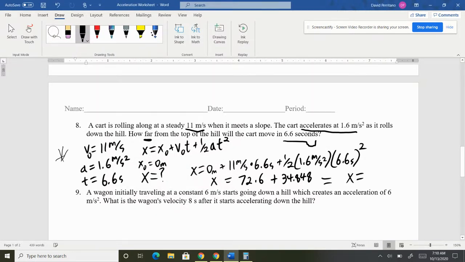X equals 107.4. Now, how far, that's a position, so our unit is meters. If you don't include your units in your answer, you should lose points. That's my opinion. There you go. That's how far this cart went after 6.6 seconds of accelerating down a hill.